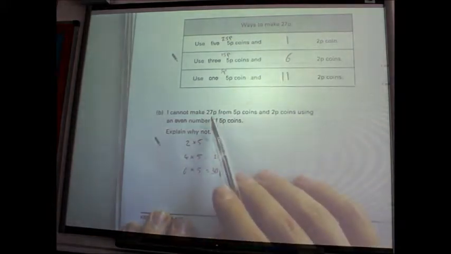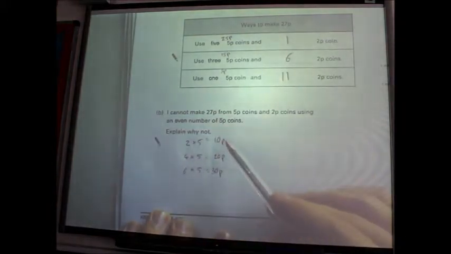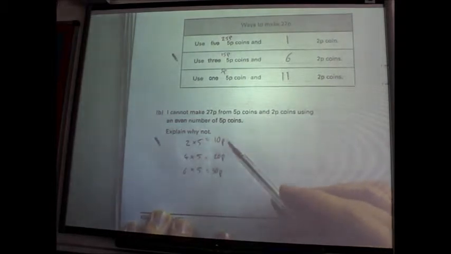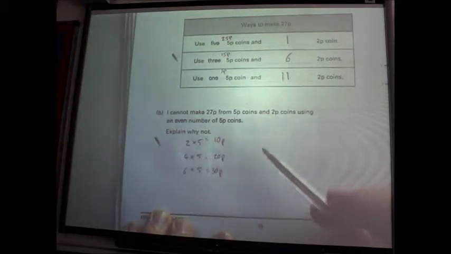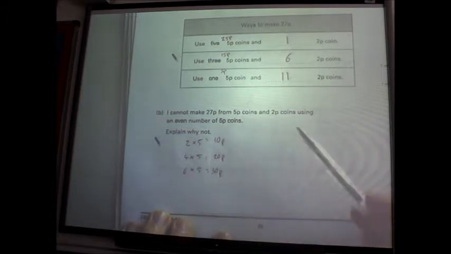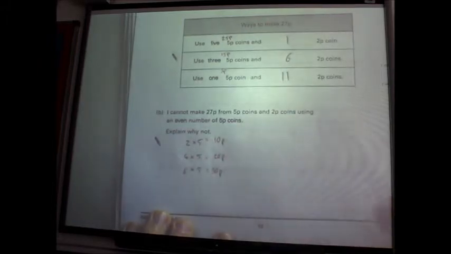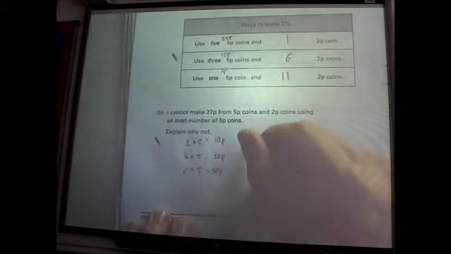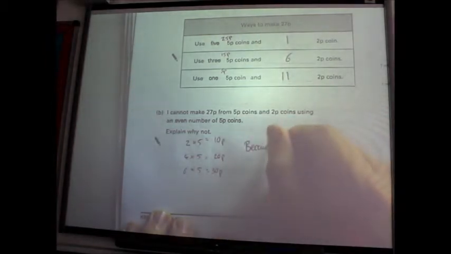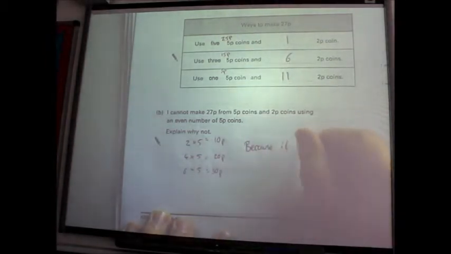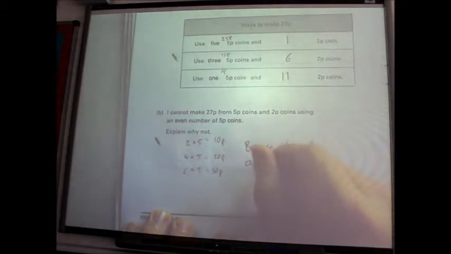And because 27 is an odd number, if you keep adding 2's to an even number, it'll always be an even number. So that's why you cannot make 27p from an even number of 5p coins. I'm going to write because it will always be even.